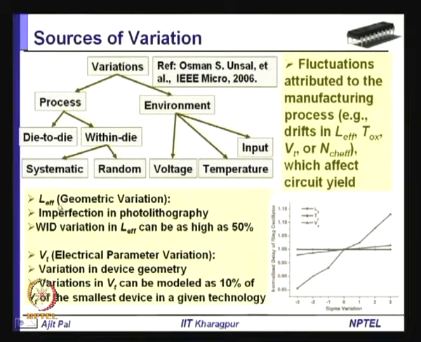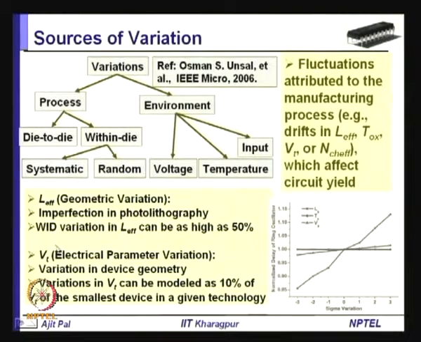So, L effective is the effective channel length. This variation occurs because of the imperfection in photolithography, as I have told, and within-die variation in effective channel length can be as high as 50%.